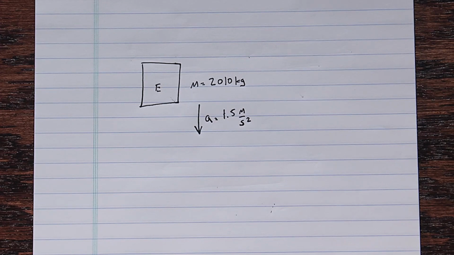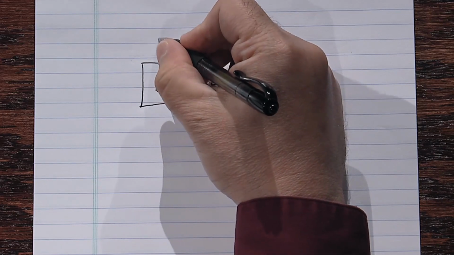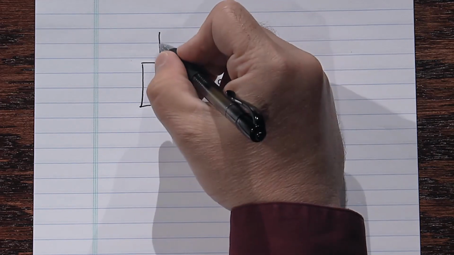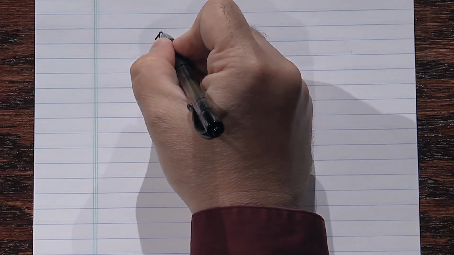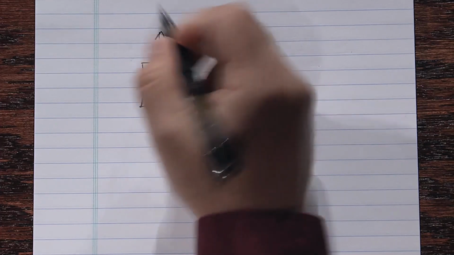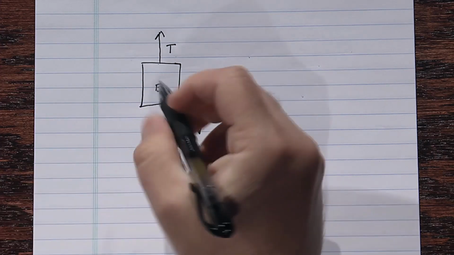We are told that there is a cable supporting the elevator, so I'll draw that in. And we know that the tension is supporting the elevator, and we know that the tension force will be in the direction of the cable, so I will draw that up. We have to think about what other forces would be acting on the elevator, and there's only one, and that is the weight of the elevator.